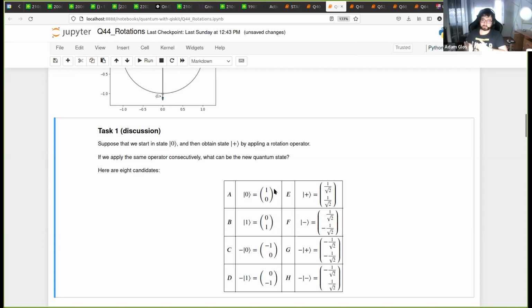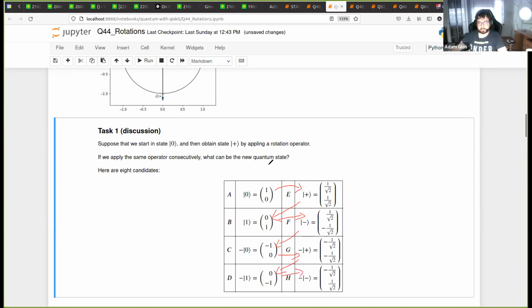Now, the interesting question is whether you will at some point receive the quantum state back or not. If you start with 0, you know that you will go to plus. From plus, you will go where? To 1. Then to -0, -1, minus plus, -1, and minus minus.